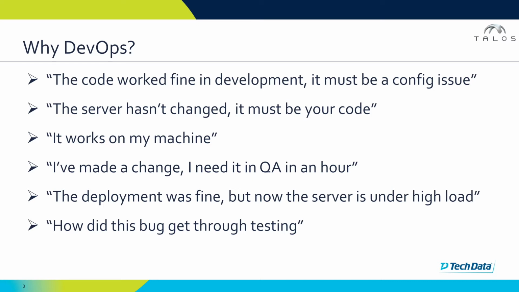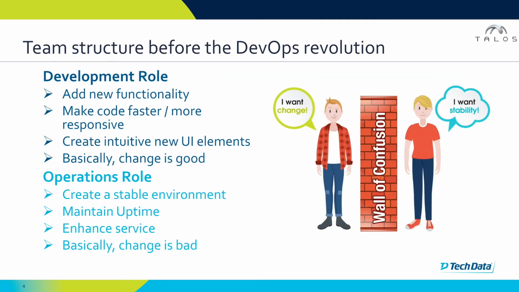So if any of these quotes look familiar, it's probably because there's been a historic separation between development teams and operations teams. Development roles typically, their job is to create functionality. They want to make code faster, they want to make the UI more responsive or create new UI elements.